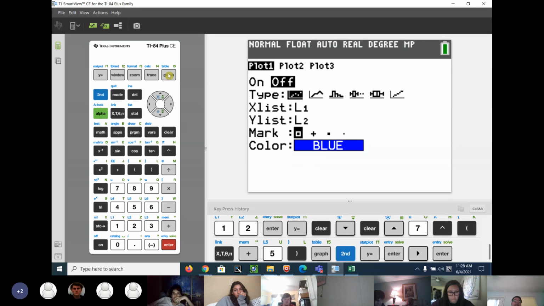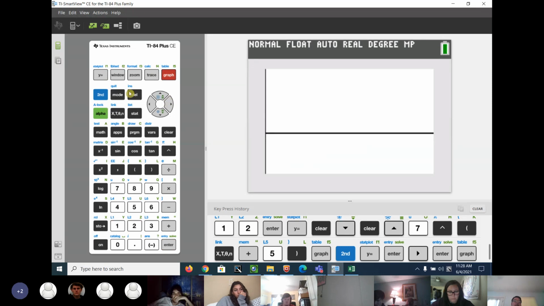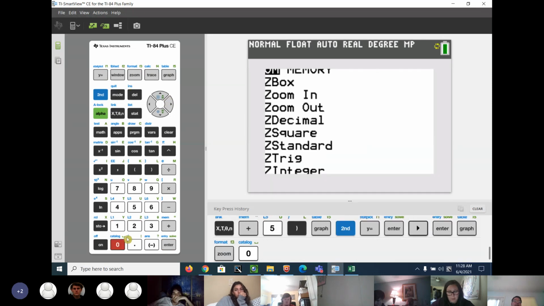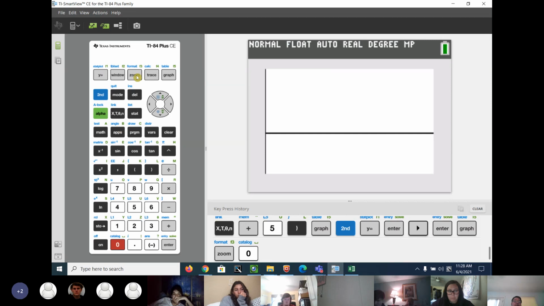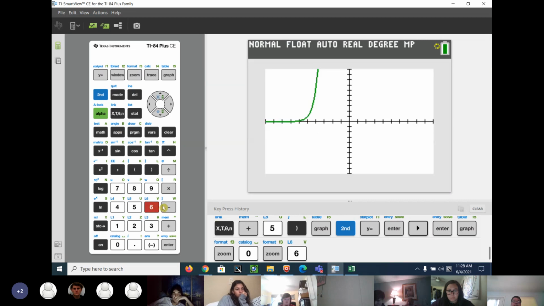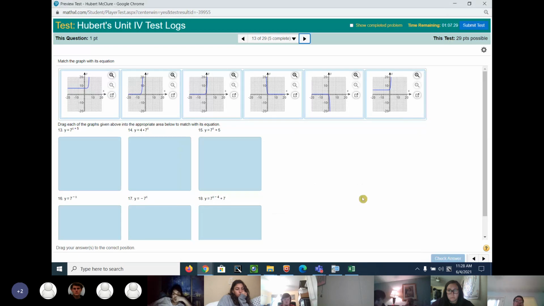And zoom standard. Okay, so that one is 1, 2, 3, 4 to the left. Everybody see what it looks like? Which one is 4 to the left and looks like that?